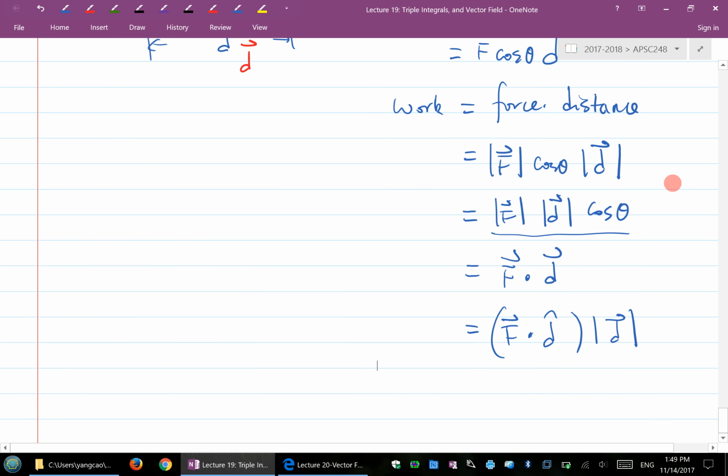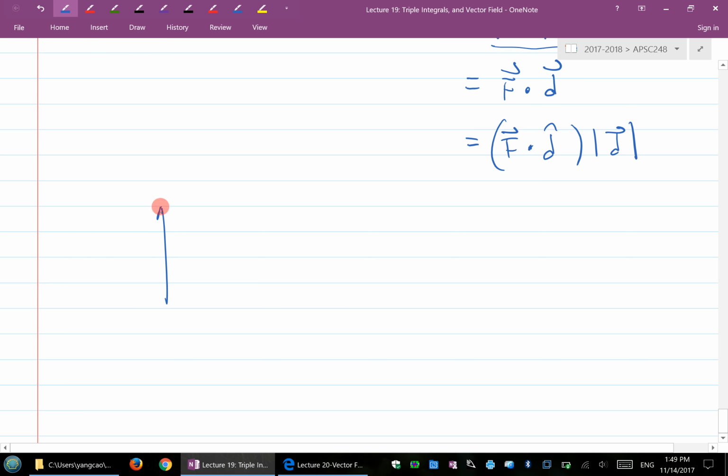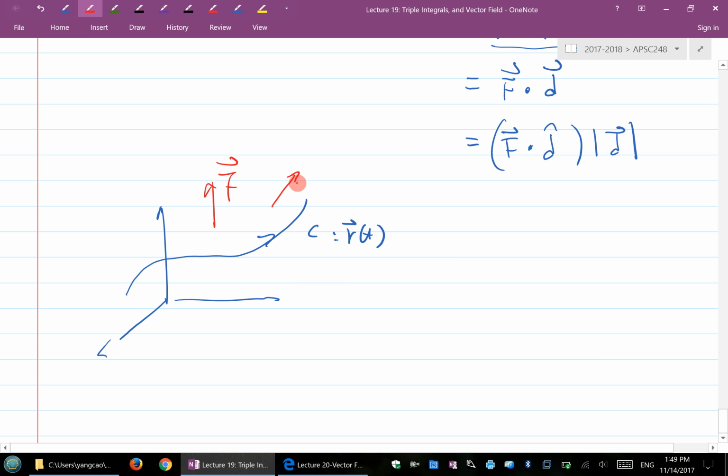So let me finish the general case here. If I have a very general question, let's say I have a curve C placed inside a vector field. I don't know how the vector field goes, but it's a field of vectors here, a whole bunch of vectors.